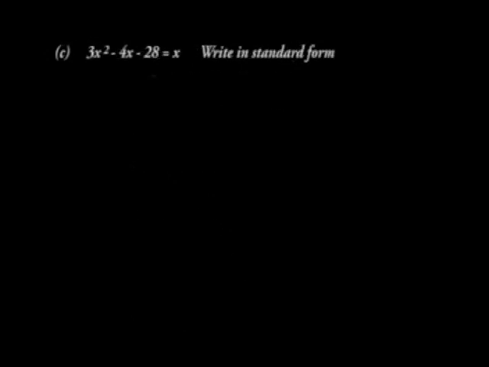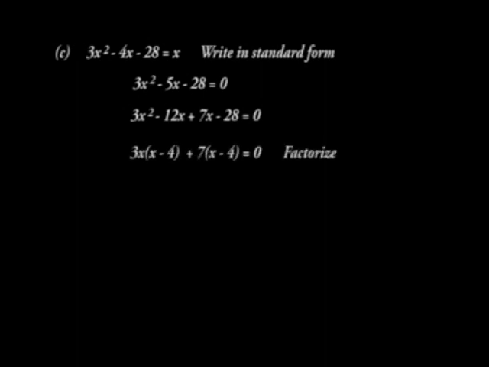C. 3x squared minus 4x minus 28 is equal to x. Write in standard form: 3x squared minus 5x minus 28 is 0. 3x squared minus 12x plus 7x minus 28 is 0.